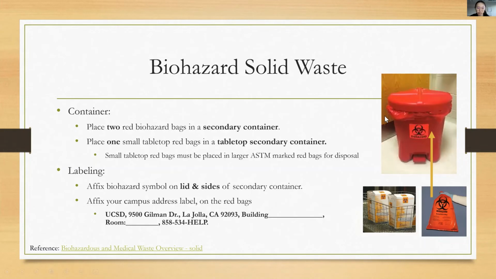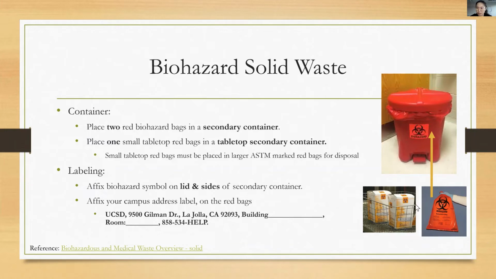Also, the pipette tips that we are using on our tabletop and bench need to go into a secondary container, which is this one we are currently using, and the longer one for the pipettes. And for tubes and vials filled with a small amount of liquid, for example the 1.5 ml tubes and the 2 ml tubes, they need to be placed into the red bag.